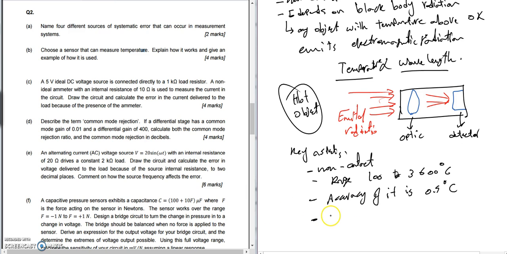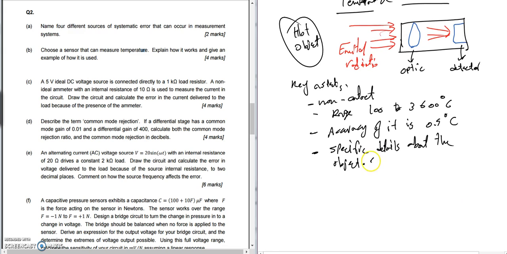However, you still need to know the specific details about the object you would like to measure the temperature of, which in that case is namely emissivity, which is a constant.